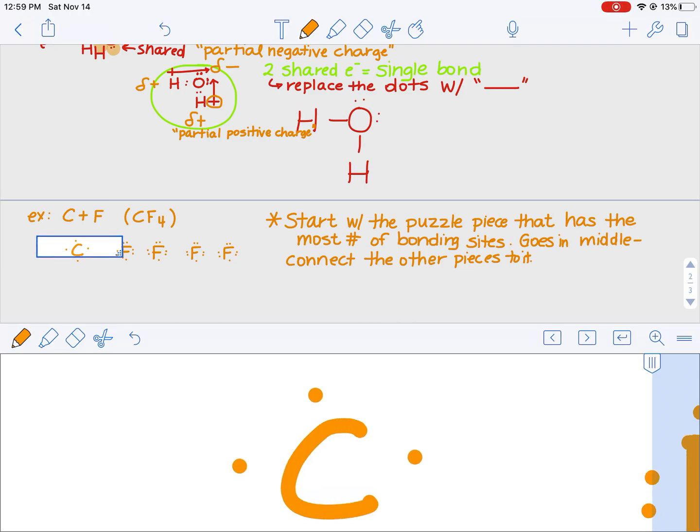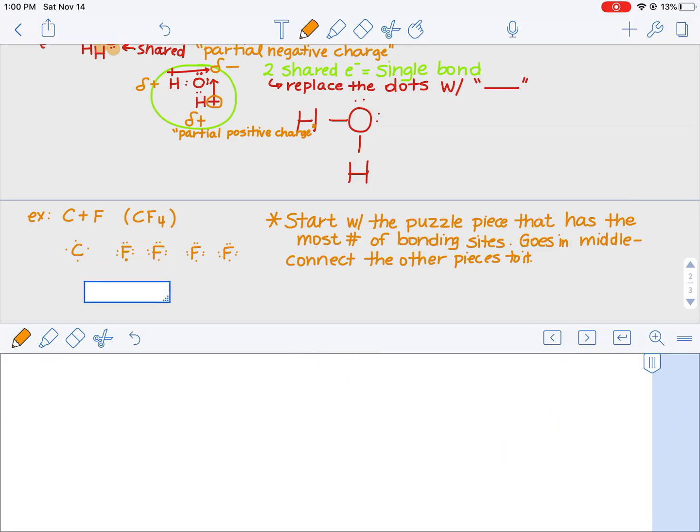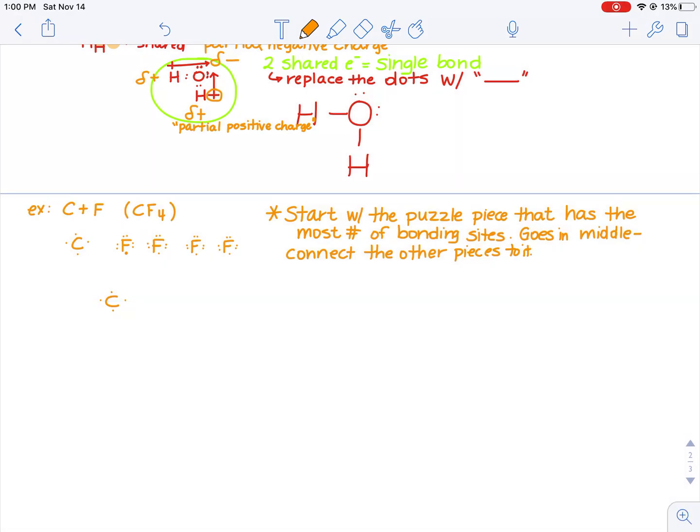The carbon puzzle piece has 4 lone electrons, so that's 4 bonding sites. The fluorine puzzle piece has more electrons than the carbon, but only 1 bonding site. So I'm going to start with the carbon. The carbon puzzle piece is going to be the one that goes in the middle, and I'm going to wind up connecting the other pieces to it.